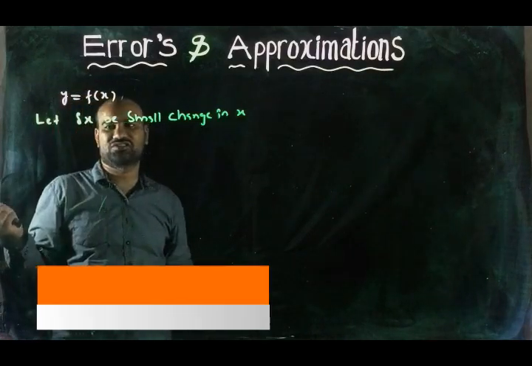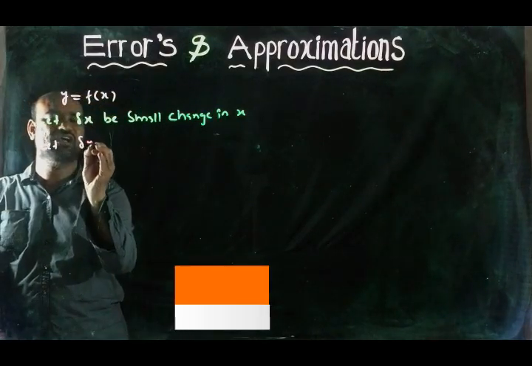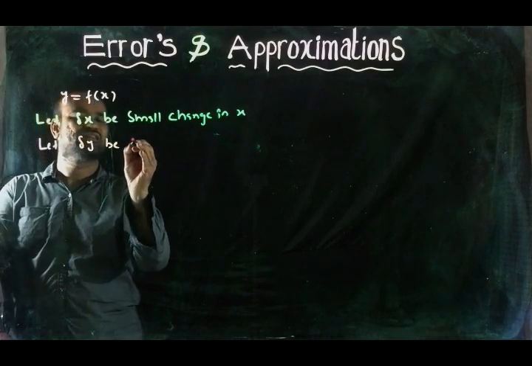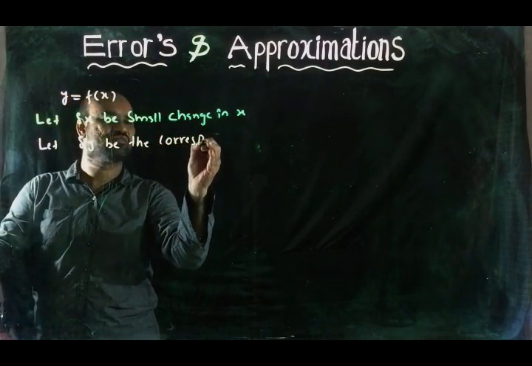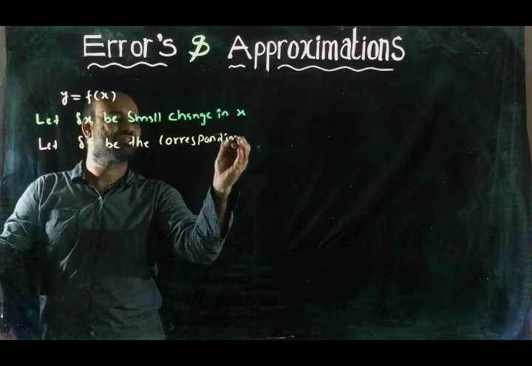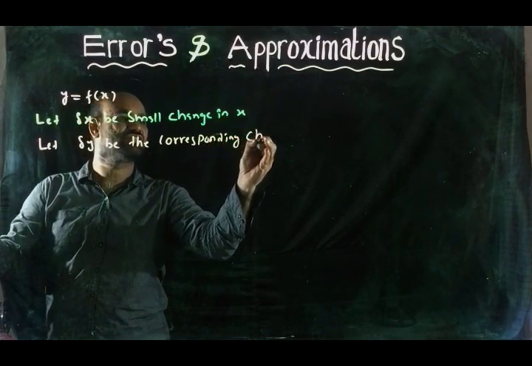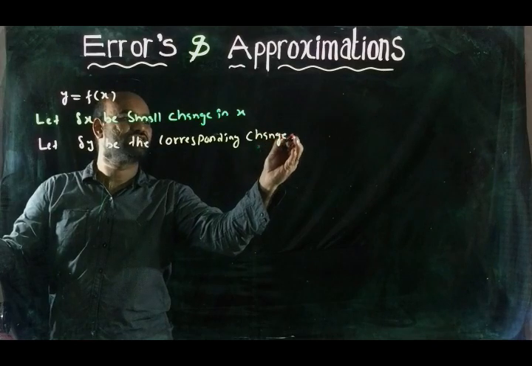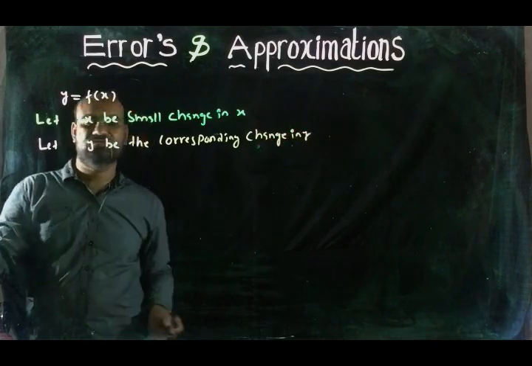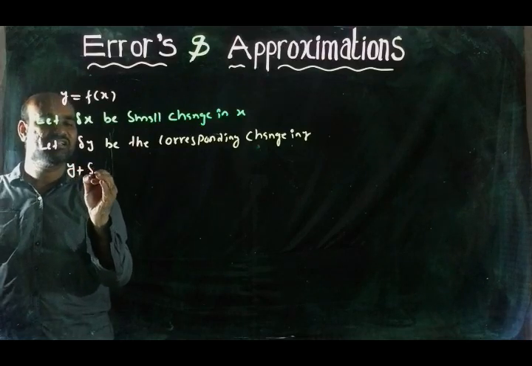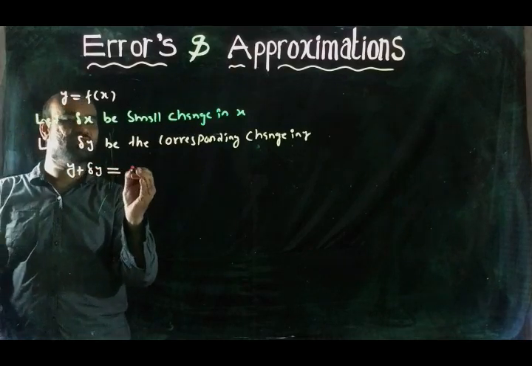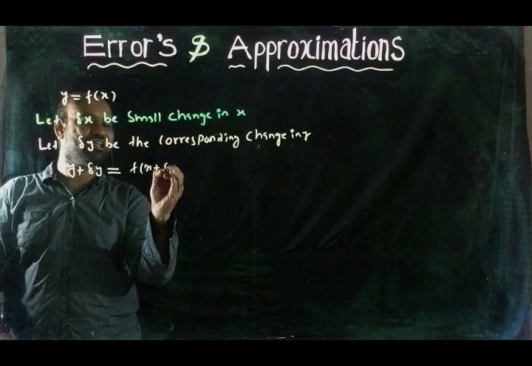Automatically y will change. Let delta y be the corresponding change in y. Now this function becomes y plus delta y equal to f of x plus delta x.